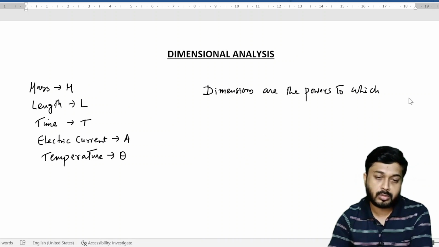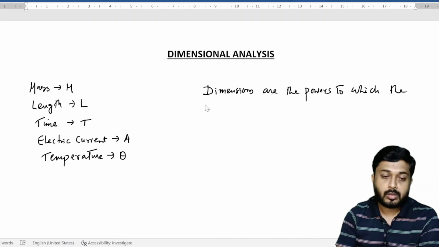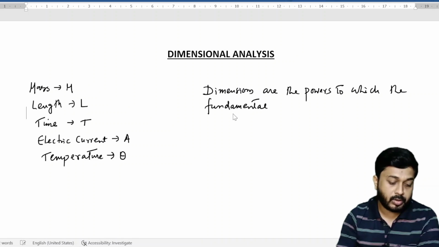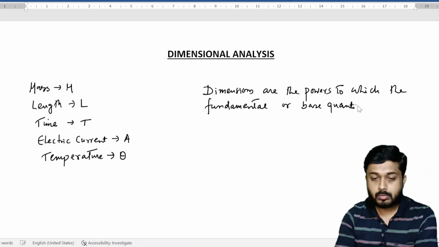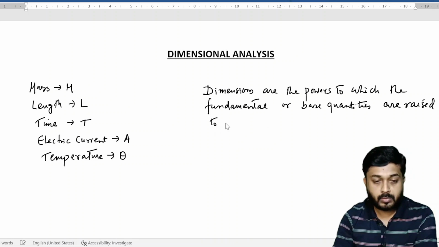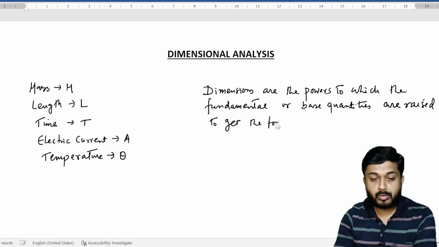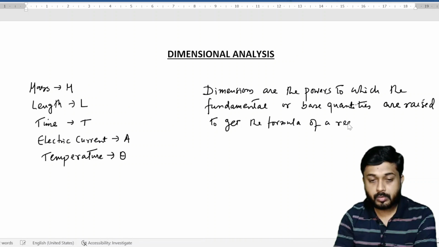Dimensions are the powers to which the fundamental or base quantities are raised in order to get the formula of a required quantity.